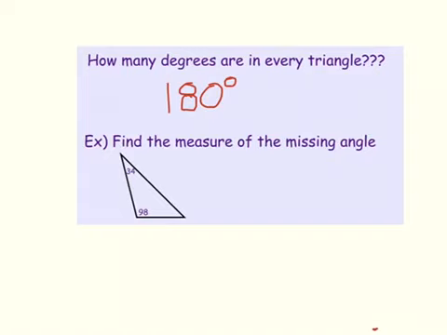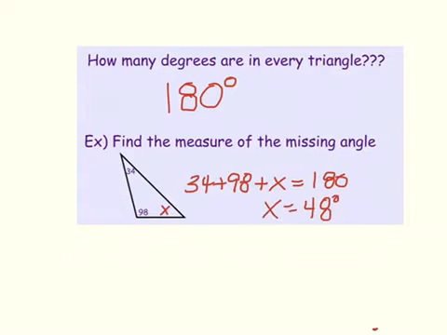So if I have one angle that's 34 and one angle that's 98, and I'm trying to find this missing angle right down here, then I could set that equal to 180 and then subtract 34 from 180 and subtract 98 from 180. I would find that the measure of this missing angle is 48 degrees.